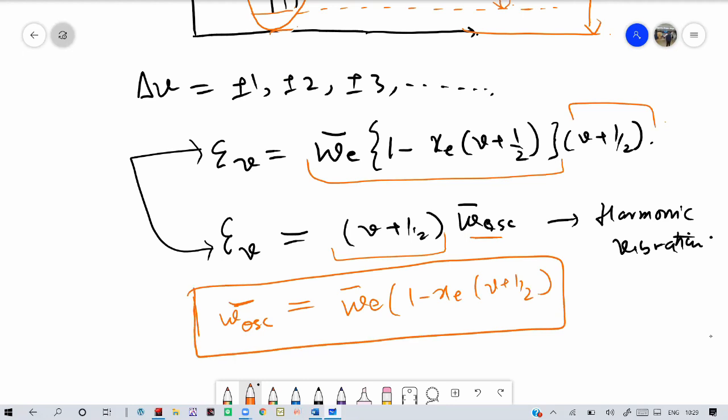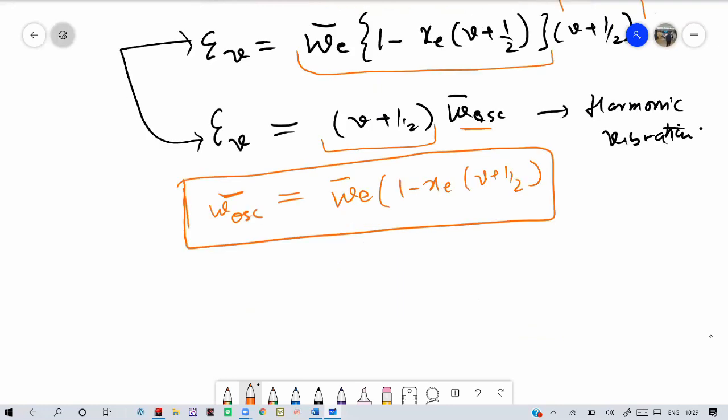And what this expression gives us, this expression results in the statement that the anharmonic oscillator behaves like a harmonic oscillator when the oscillation frequency decreases with increasing nu.